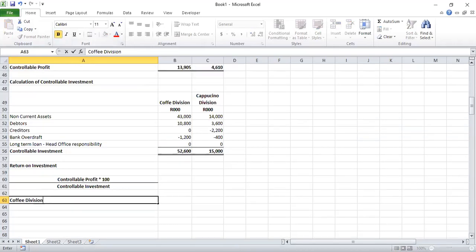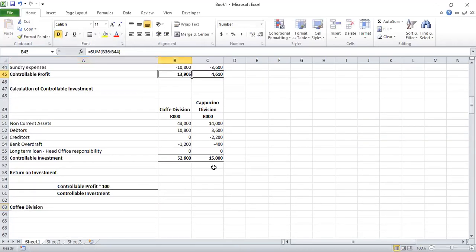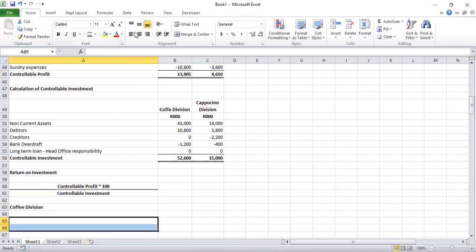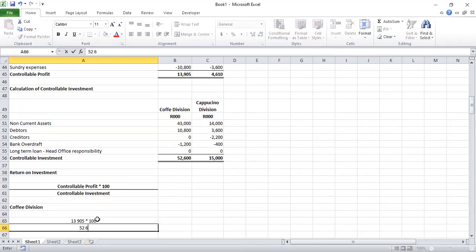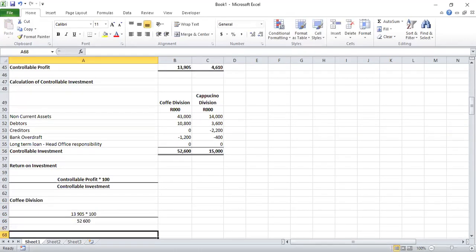Our controllable profit is 3905 and our controllable investment is 52,600. So we're going to say 3905 multiplied by 100, divided by 52,600. What do we get?